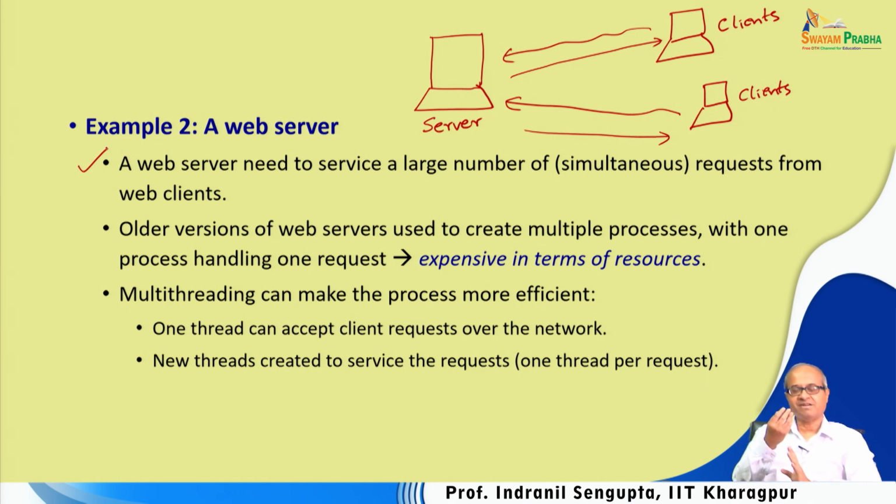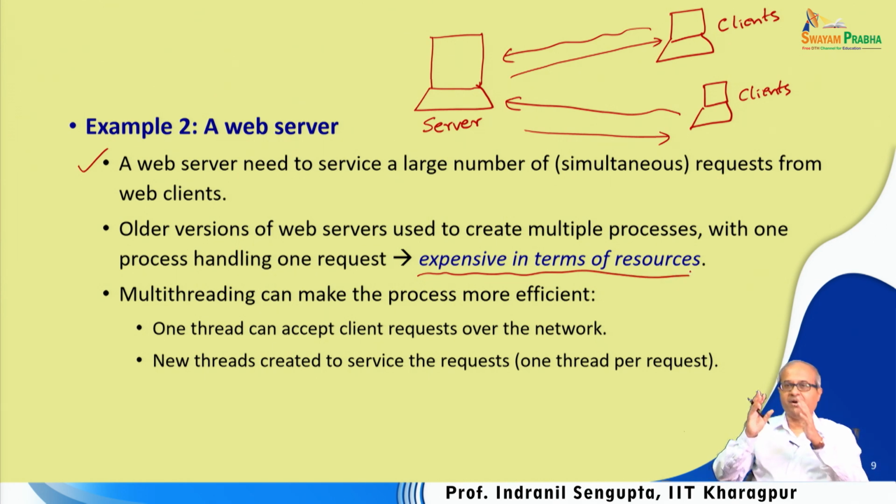Now, as I said, creation and management of processes is not so easy, it is expensive. So, the earlier generation of web servers had some restriction regarding the maximum number of simultaneous connections that could be accepted, because creation of processes requires memory and memory was also limited. Okay. They were expensive in terms of resources, but nowadays in the modern generation they do not create new processes, rather the server process can create threads.